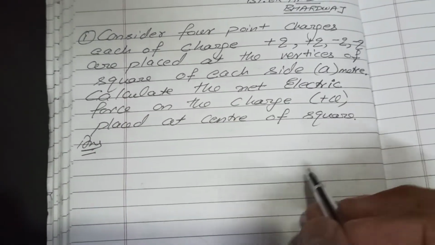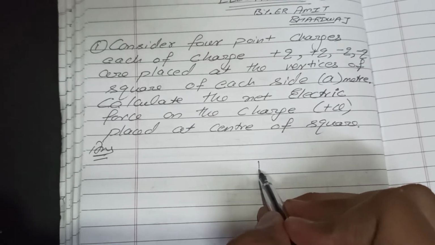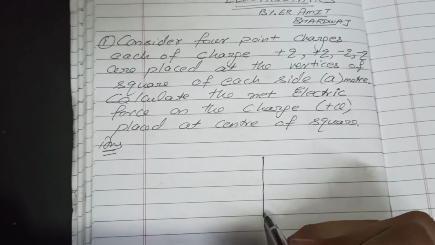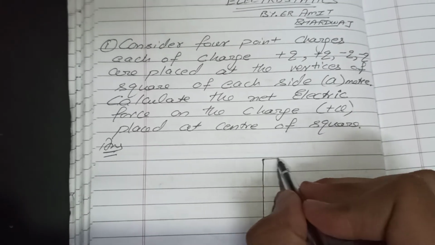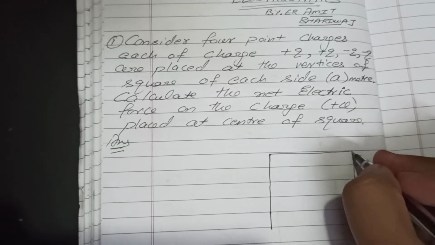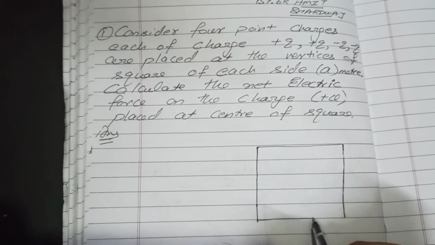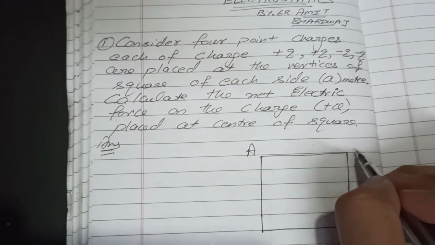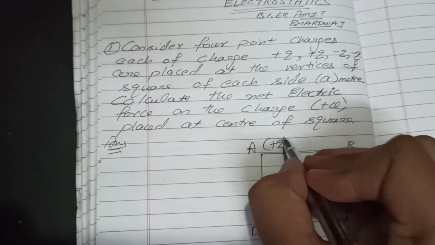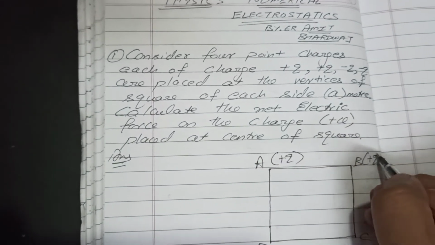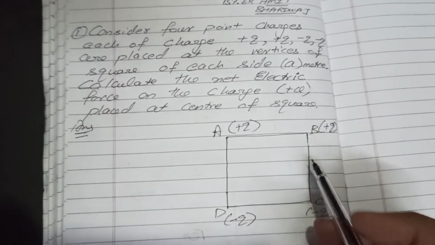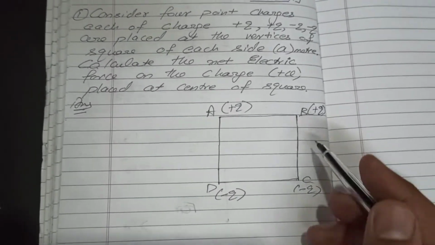So here we will first draw a square. ABCD is a square and the charges plus q, minus q and minus q are placed at the vertices of the square.